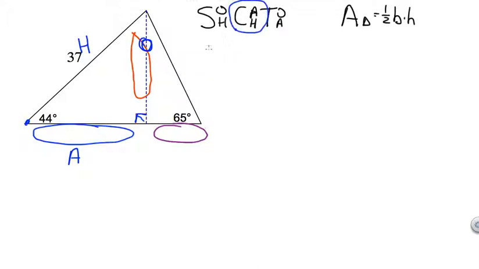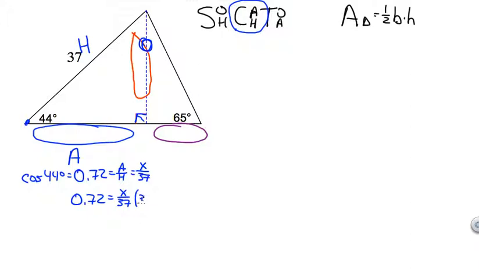Cosine is A over H. And so when I look, I see that the cosine of 44 degrees equals 0.72, which, like all cosines, is equal to A over H, which in this case is equal to x over 37. So 0.72 equals x over 37.